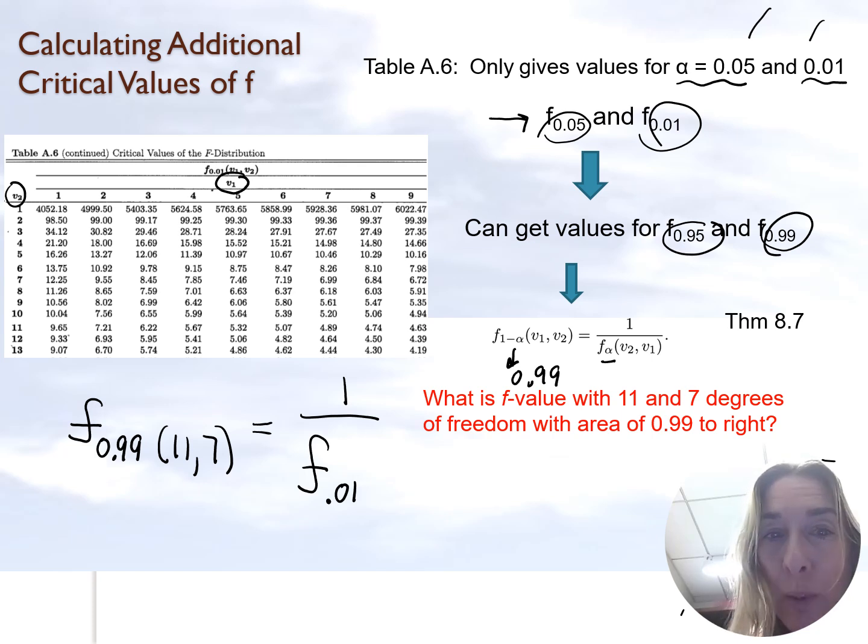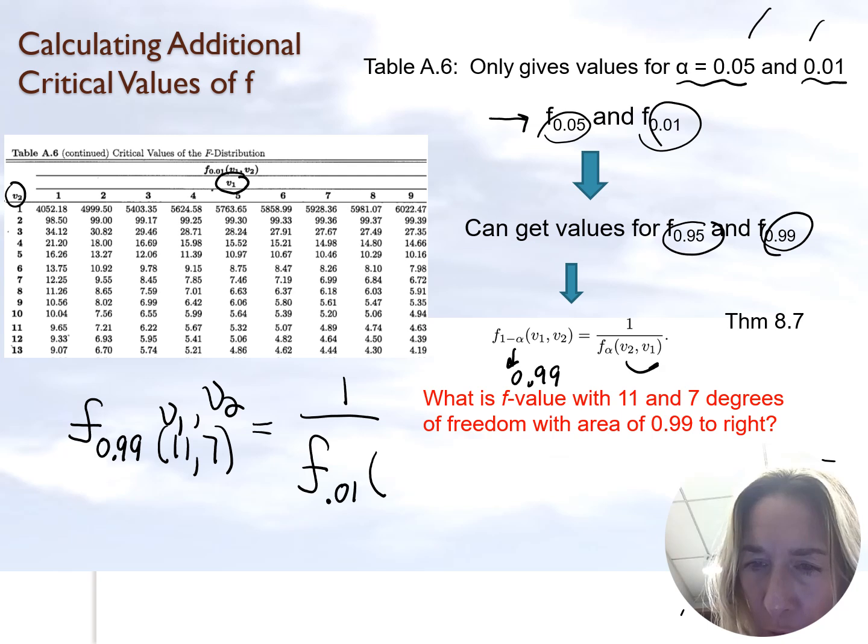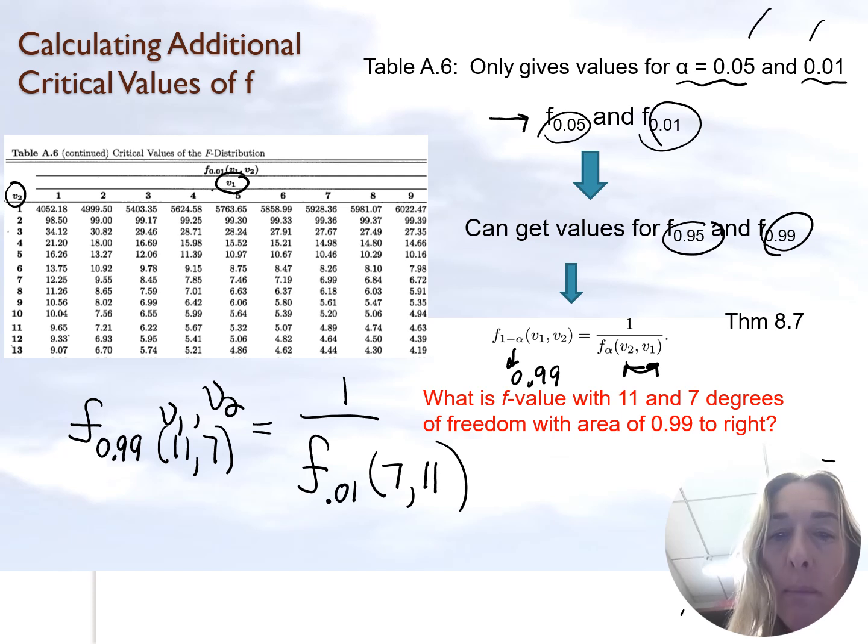Those values we can read directly from the table. But you do have to watch that here, nu 1 is 11, nu 2 is 7. Those get reversed in the denominator, so you say 7, 11. And remember on an early slide, we said the order of specification of the nu values matters. So when we finish this out, we need to find the F critical value for alpha 0.01, 7, 11.